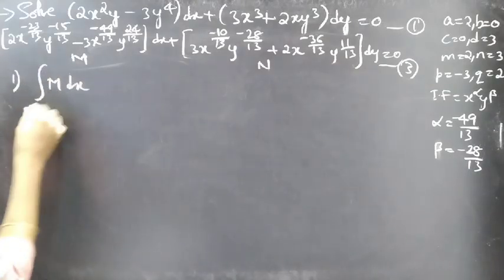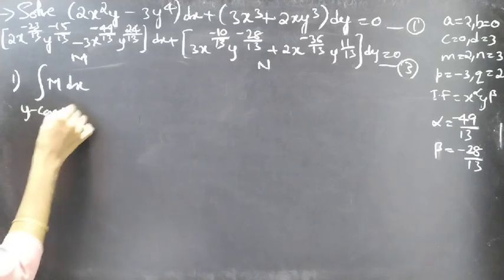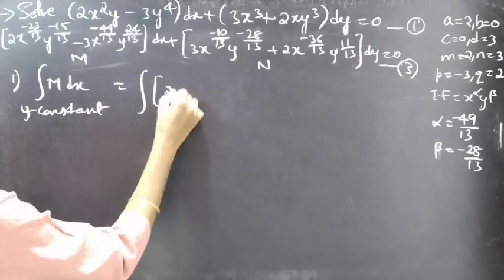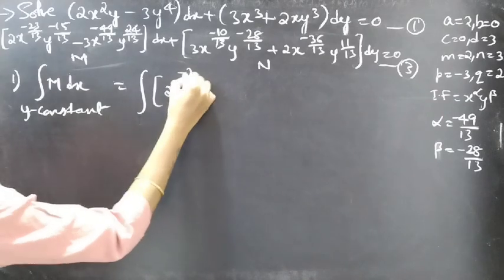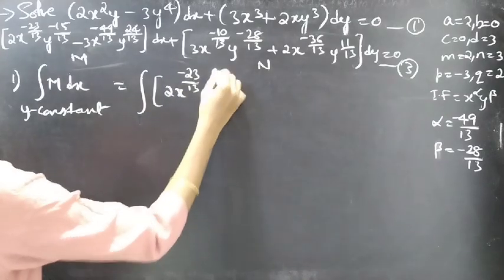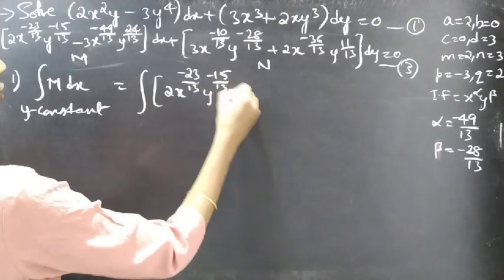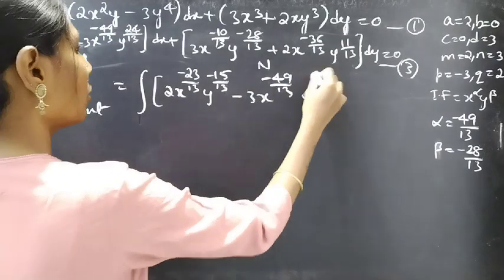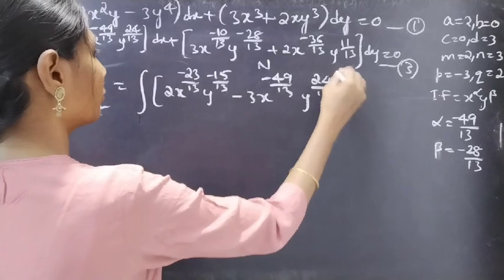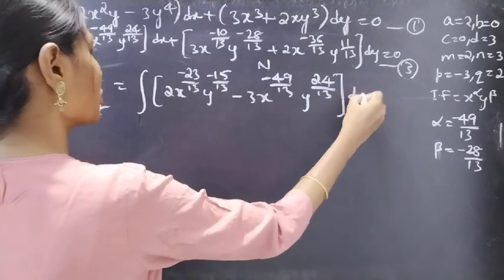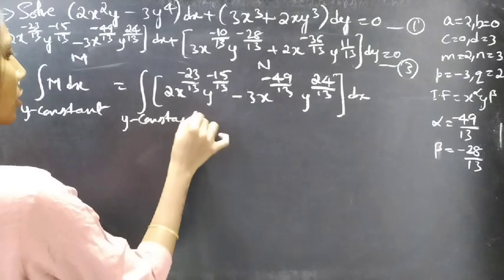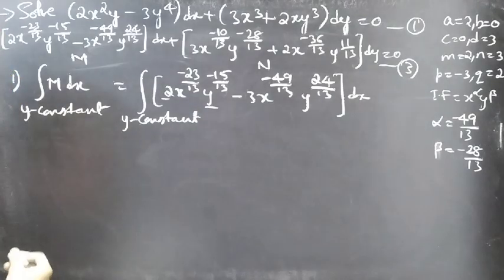Integral m dx treating y as constant equal to integral for m equal to 2x power minus 23 by 13 y power minus 15 by 13 minus 3 x power minus 49 by 13 y power 24 by 13 into dx. Here we should treat y as constant. In the first term 2 y power minus 15 by 13 is constant.